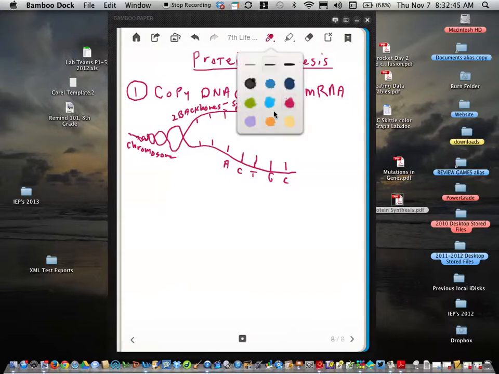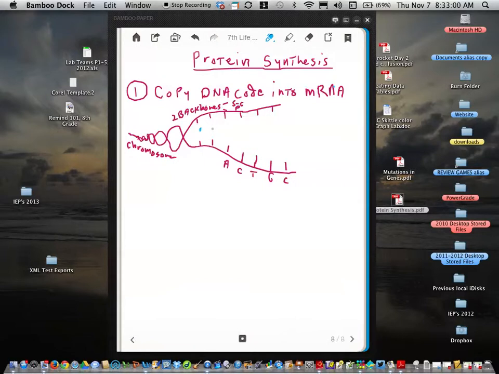So this is all going on in the nucleus. But when the DNA unravels, there's weak hydrogen bonds holding these together. So there's a hydrogen bond. That hydrogen bond is just about to break. Here it is breaking. So the hydrogen bond holds the nitrogen bases together.